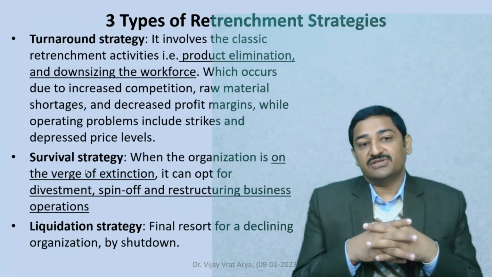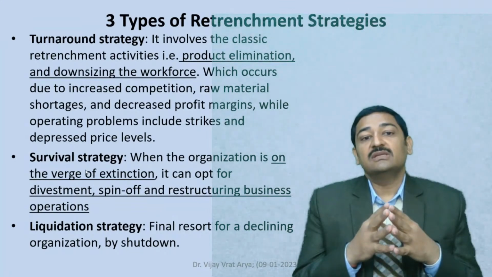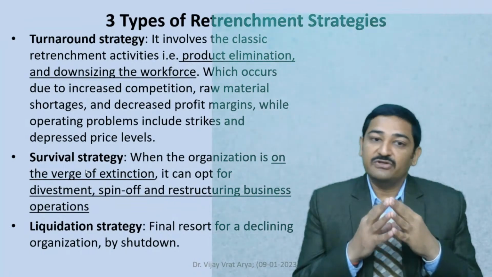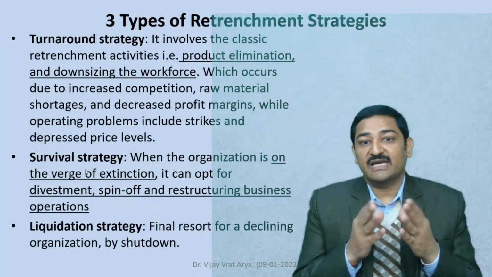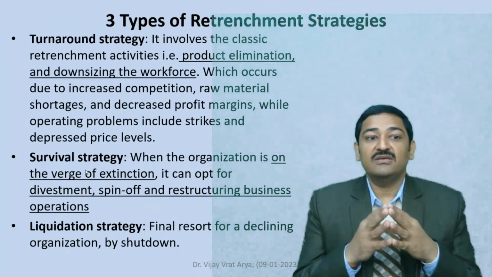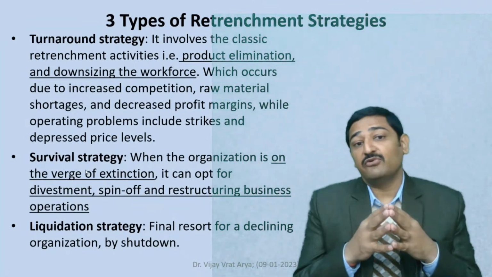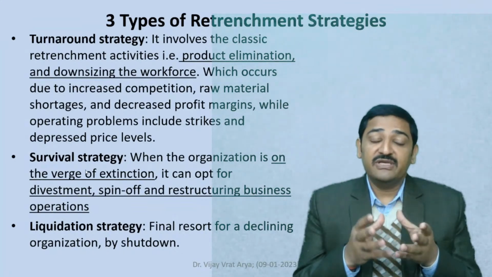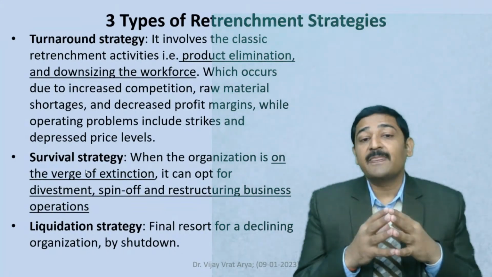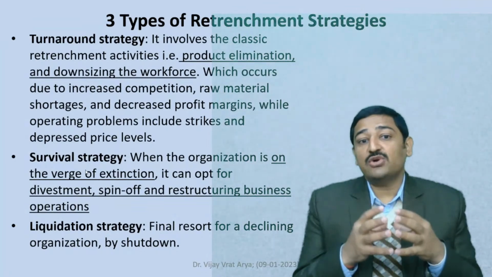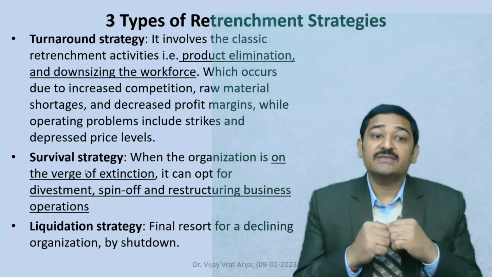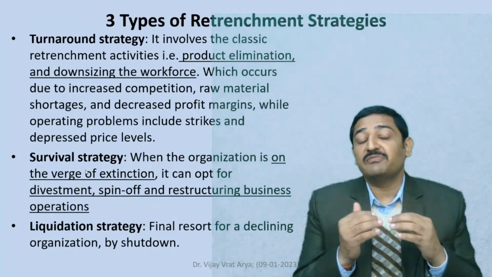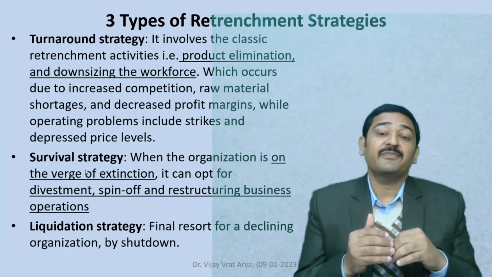The turnaround strategy involves the classic retrenchment activities, which may include product elimination, maybe the downsizing of the workforce, and it usually occurs due to increased competition in the market, maybe shortage of raw material in the market, maybe due to a decrease in the profit margins or the profit share of the firm.